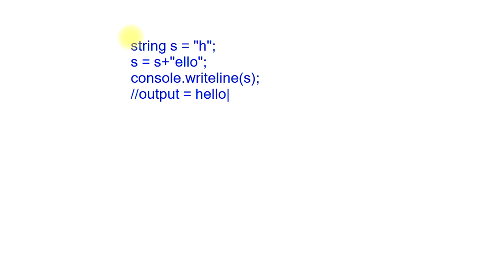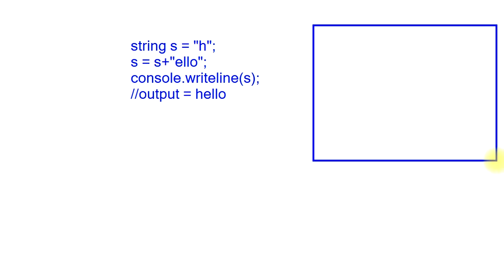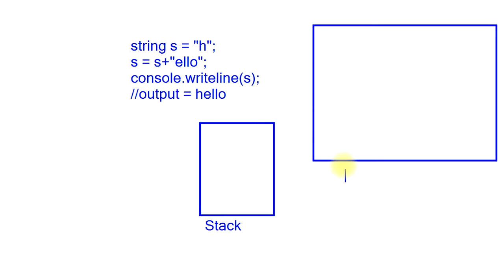The process happening in the background is, let's take this is the stack memory and this is the heap memory. When we create string s equal to h, it will store s equal to memory location 100, and then the value at memory location 100 is h.